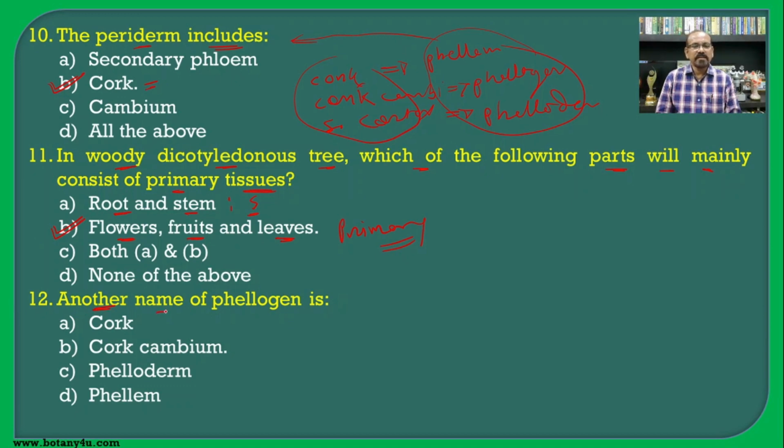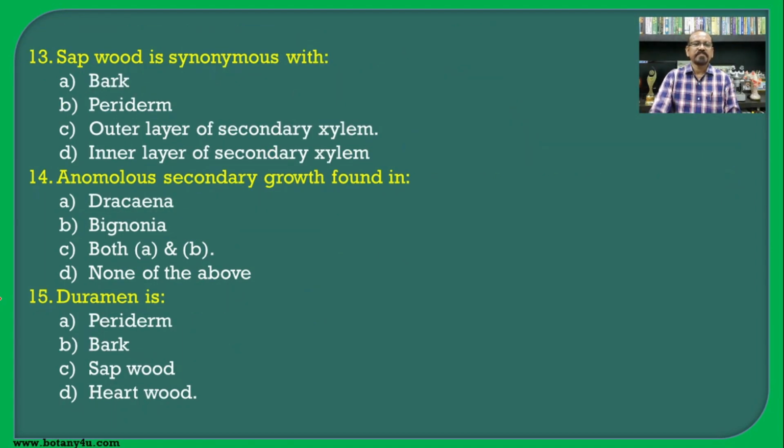Then another name of the phellogen is, as we have seen here, the phellogen is nothing but the cork cambium, and hence the cork cambium becomes the answer for this question. The sapwood is synonymous with.